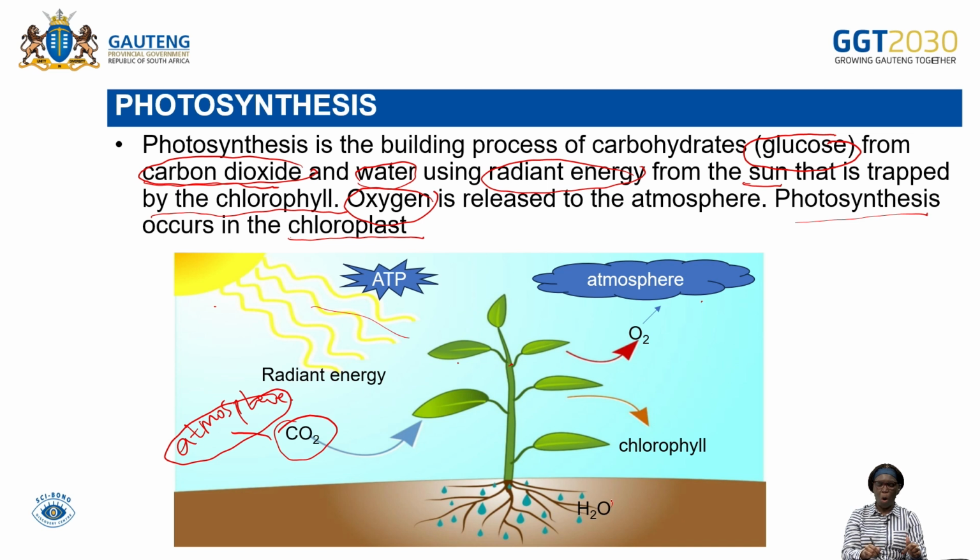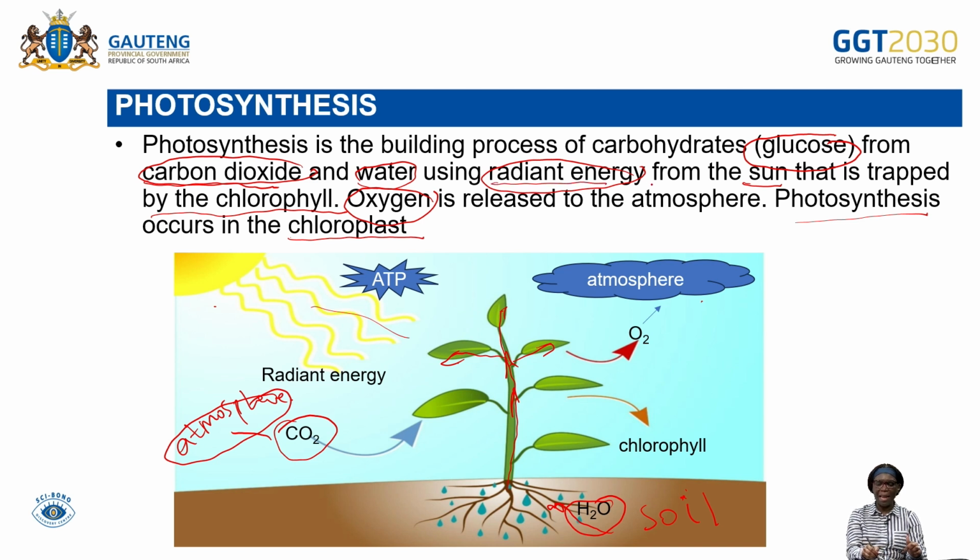Together with water molecules. Water from the soil. Water from the soil will be absorbed through the roots into the stem, then it will move to the aerial parts of the plant, the aerial parts of the plant being the leaves.